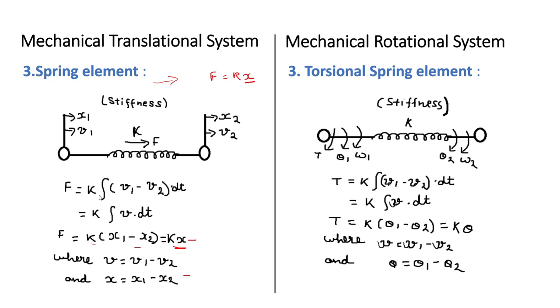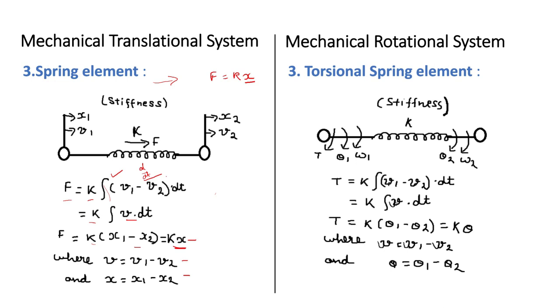In terms of velocity, F is equal to k integration of v1 minus v2, or F is equal to k integration of v, where v is v1 minus v2. The important thing here is to notice where you are using integration, where you are using differentiation, and where you are using nothing. So all this will help you in writing the equations.